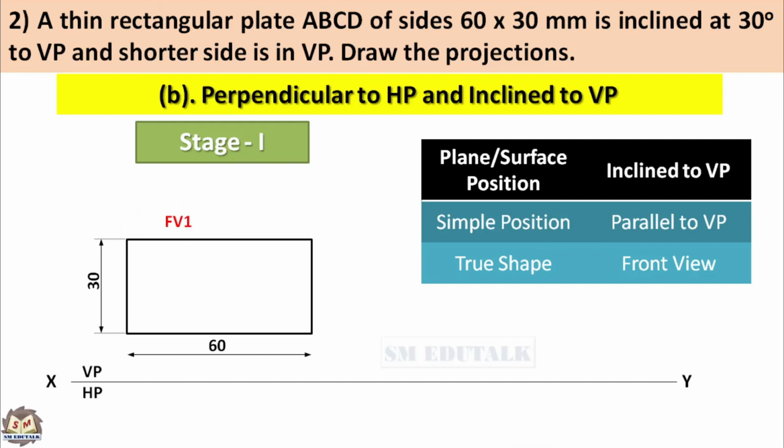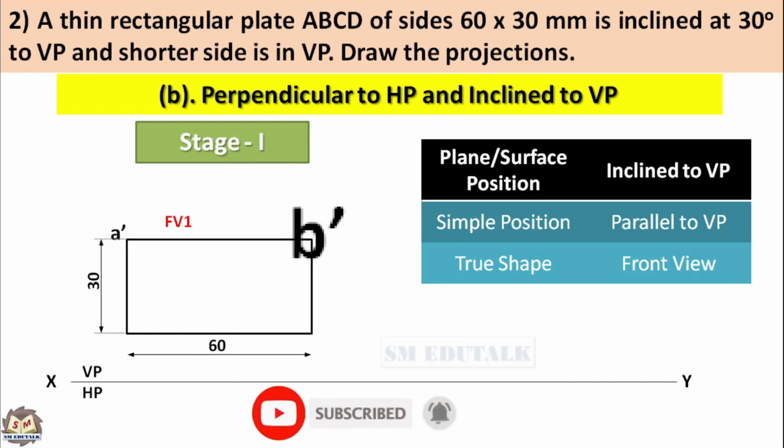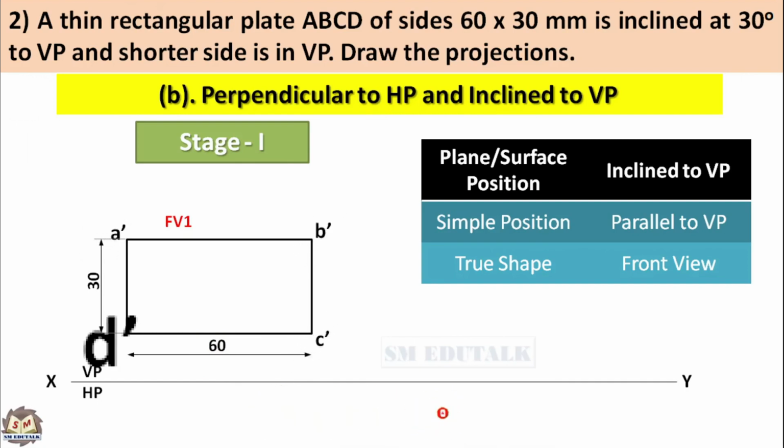The above HP and in front of VP conditions are not given, so assume some distance to draw the rectangle above the XY line. This distance may be 20 mm or 30 mm, as per your wish. Name this front view of the rectangle as a dash, b dash, c dash and d dash. Project this rectangle vertically downwards to the XY line.